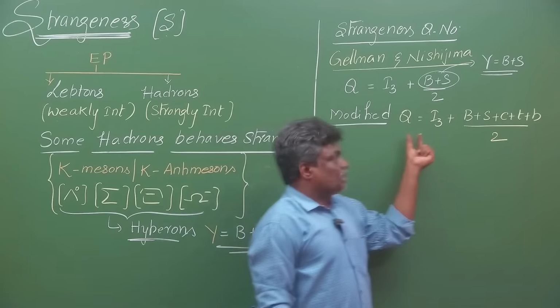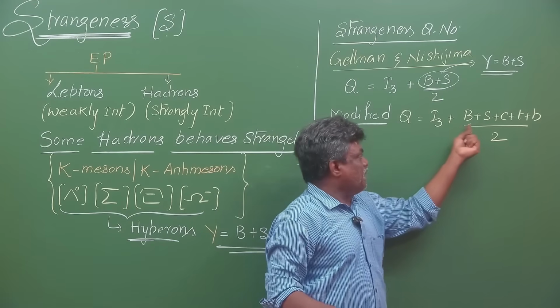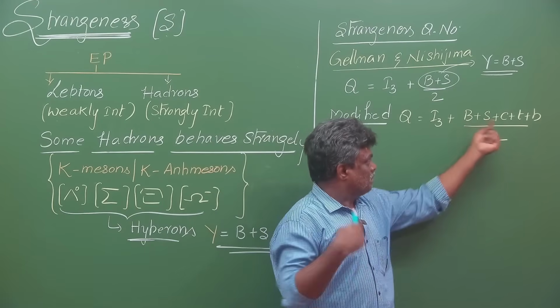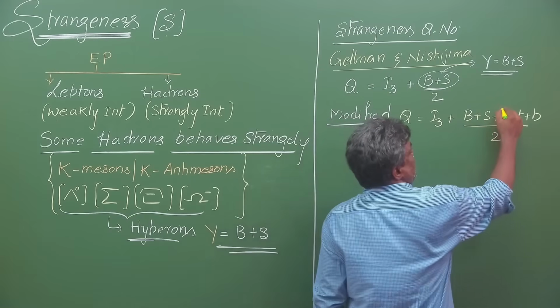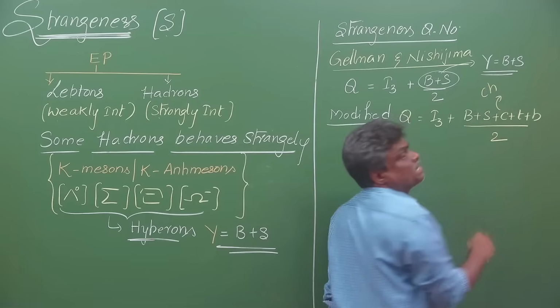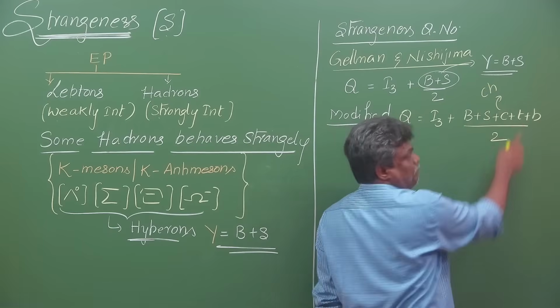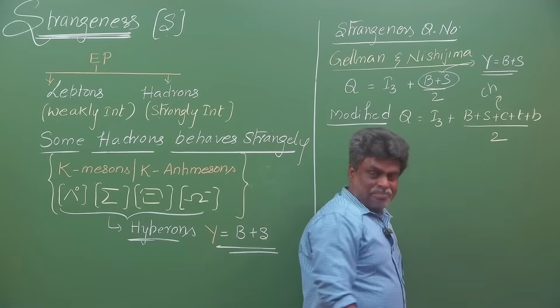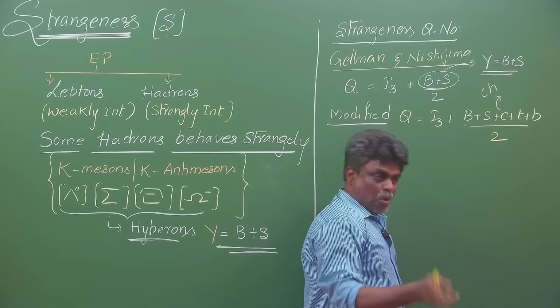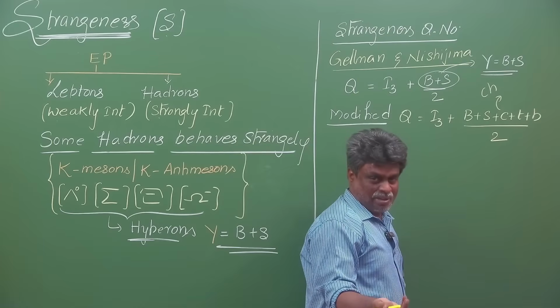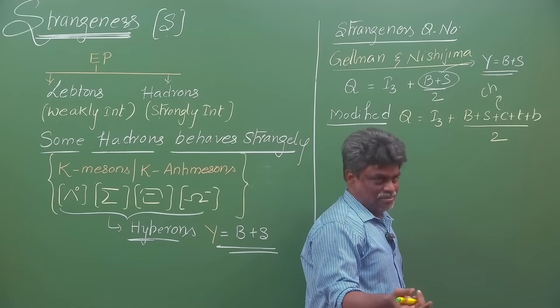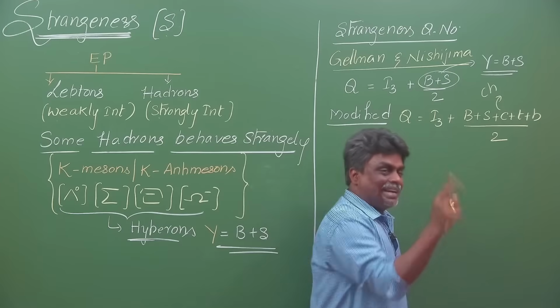Repeat. Q equal to I3 plus B plus S plus C plus T plus B-tilde, over 2. Baryon number, strangeness, C for charmness, topness, bottomness. Bottomness contains only the bottom quark, topness the top quark, charmness the charm quark, like that. So that is also added.